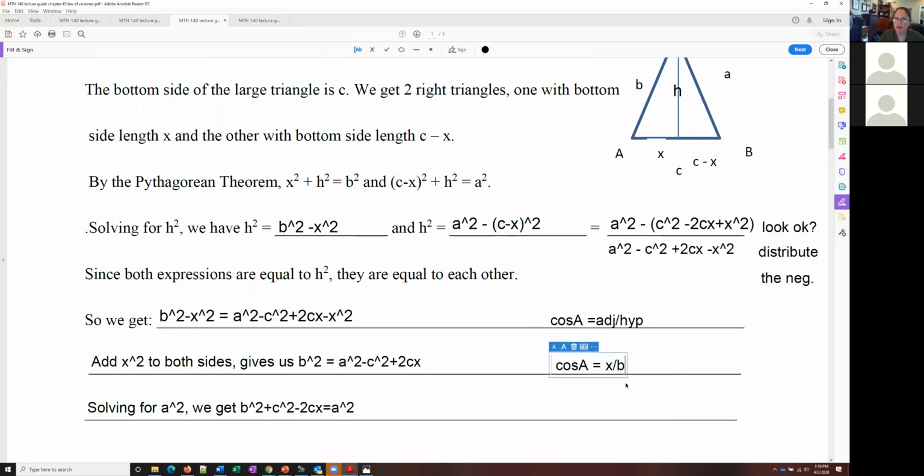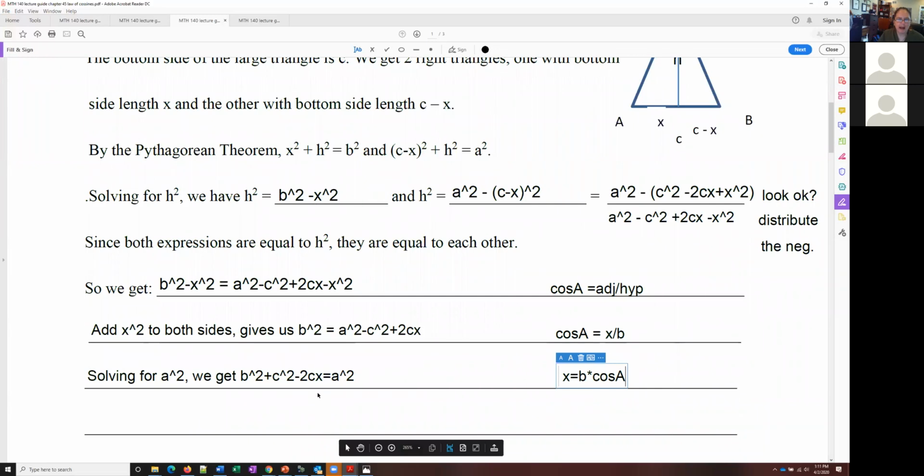So I can solve this for x. We know that x is equal to b times the cosine of angle A. So now I'm going to come back and replace this x right here with b times the cosine of angle A.